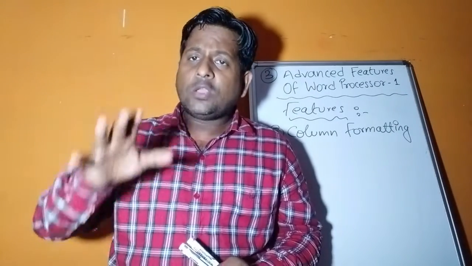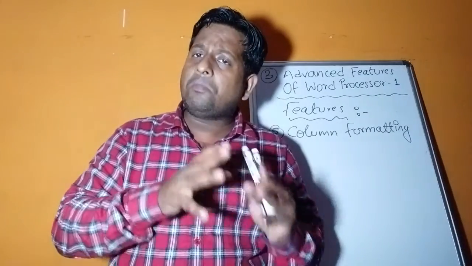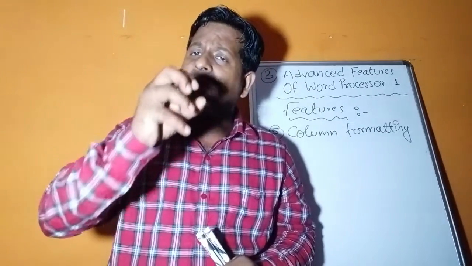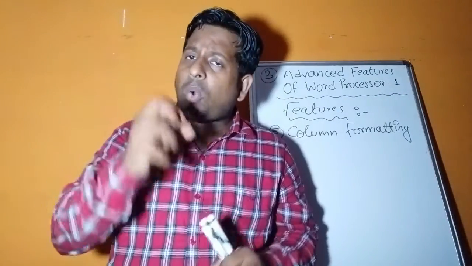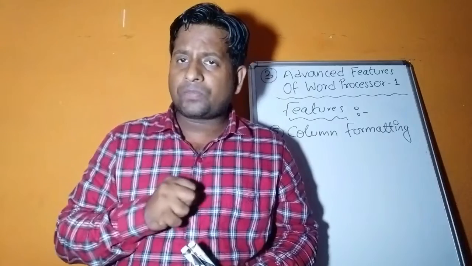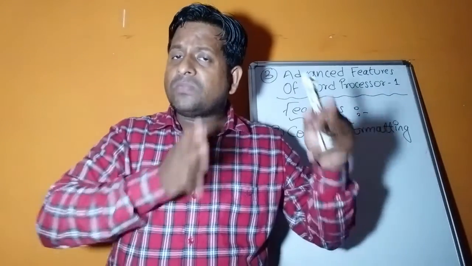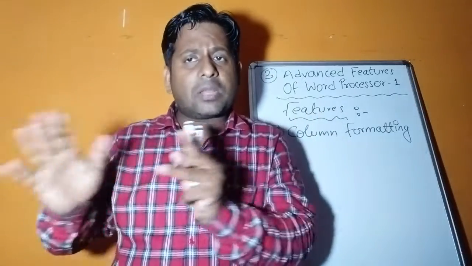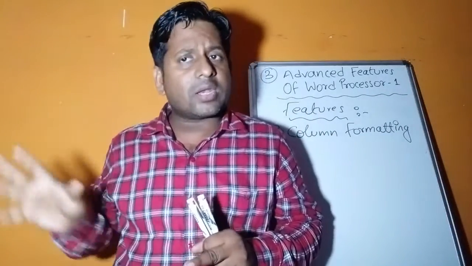See here how we can apply column formatting in a page, where these options are available, and what benefit we get. First of all, you can see newspapers and magazines: their single page contains multiple columns, and different text is written accordingly.